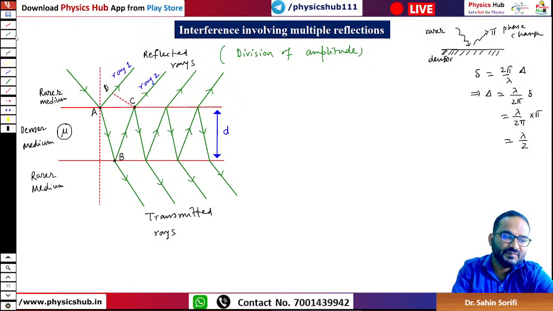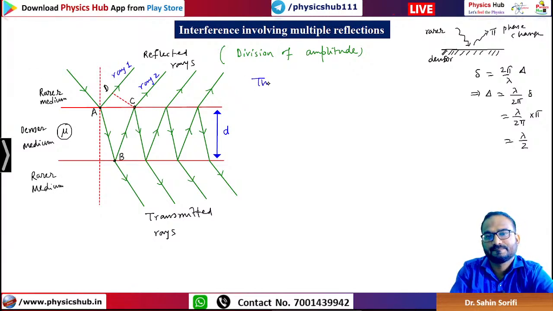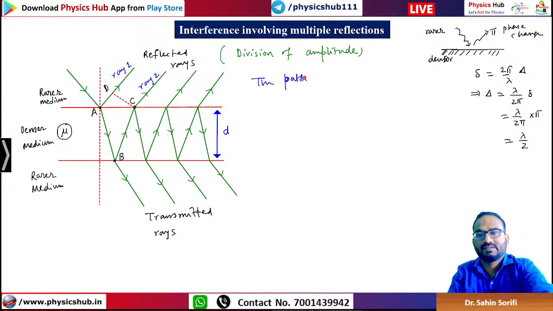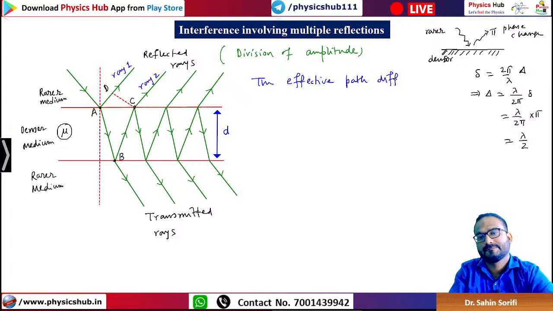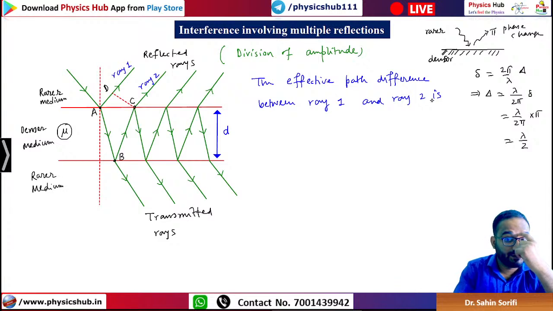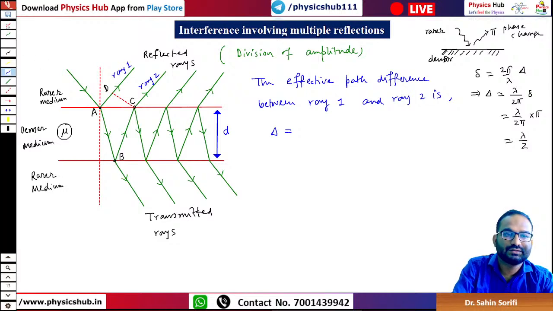Okay. So if I consider the effective path difference between ray 1 and ray 2, delta is equal to... look, another formula you just note.